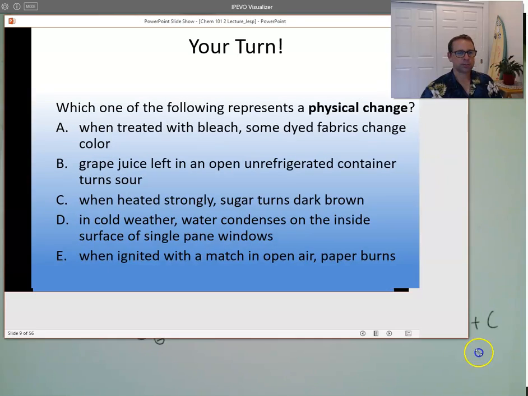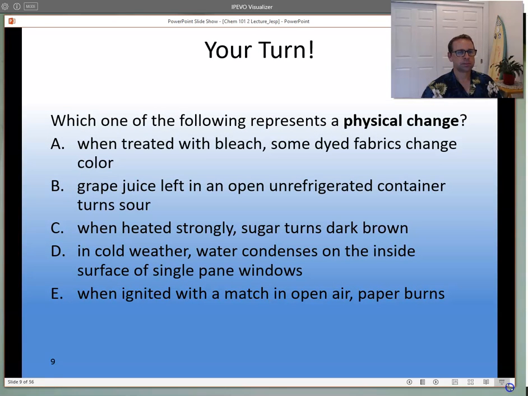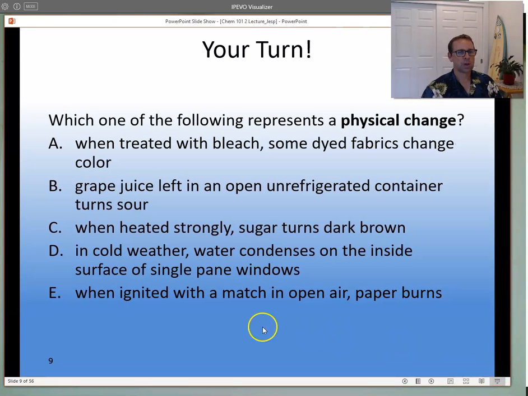Okay, and then I found the physical. B is chemical, and the physical would be D, with the cold weather, right? That's right. Have you ever had a cup of ice water that gets wet on the outside, especially in Hawaii?